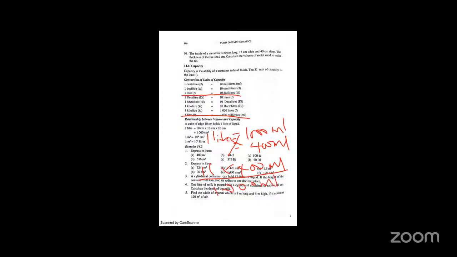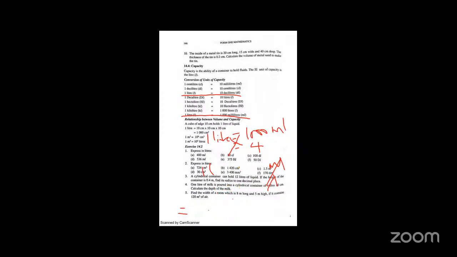So the ml will cancel, and then the 1,000, which has 3 zeros, will cancel with the zeros in 400, so that we remain with 0.4 liters. So in short, we are supposed to understand this table here so that we can use it to carry out the conversion of these units.